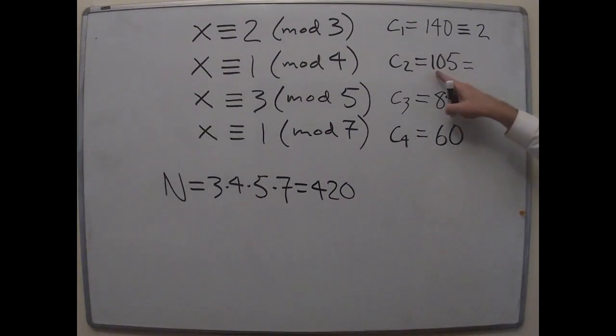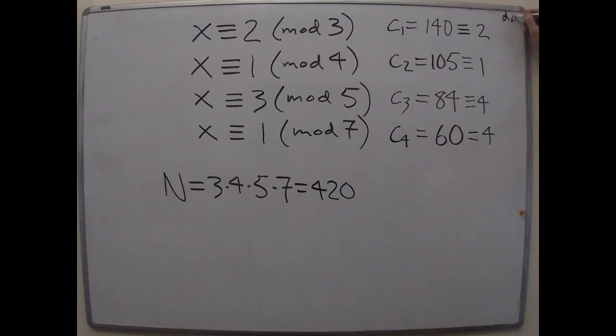This guy is 1 greater than a multiple of 4, because 104 is fairly obviously a multiple of 4, so that one's 1. 84 mod 5 is congruent to 4 mod 5, which is minus 1 in mod 5 arithmetic. And 60 mod 7, I believe that is 4. Isn't 56 a multiple of 7? Yeah. So what are the D's?